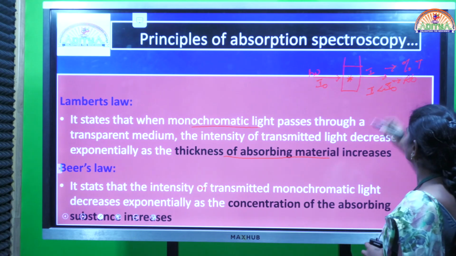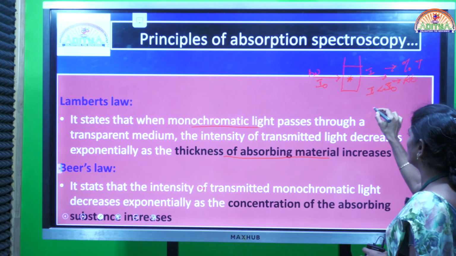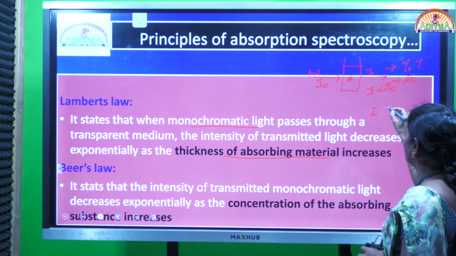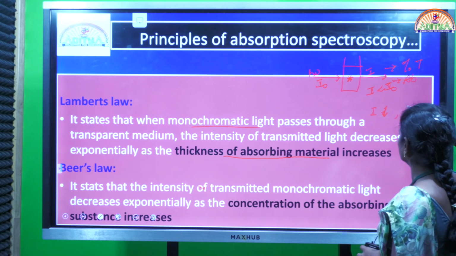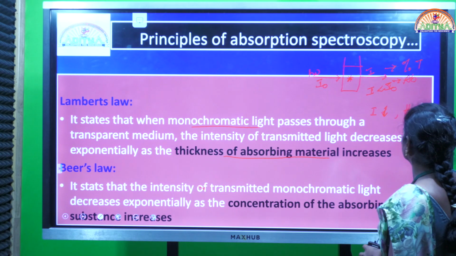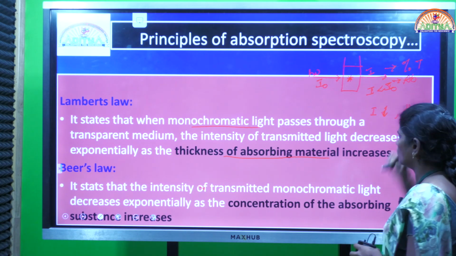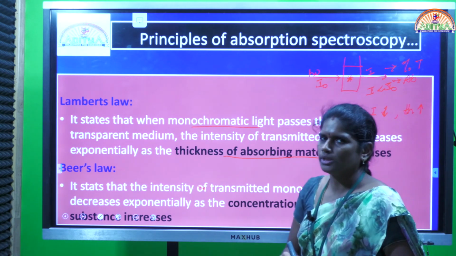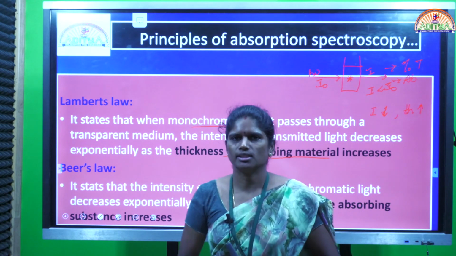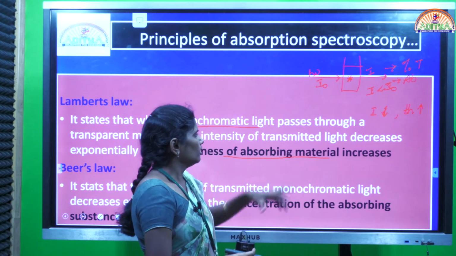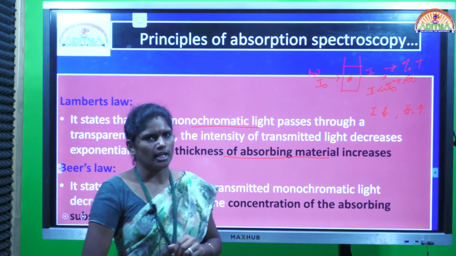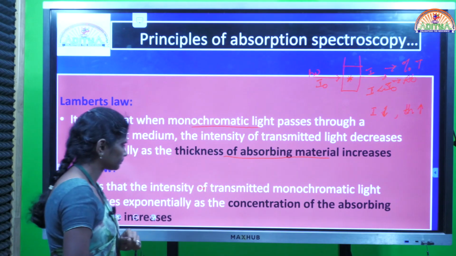So the value of I will decrease when the thickness of the sample increases. With increase in the distance travelled by the light, the intensity of the transmitted light will decrease.